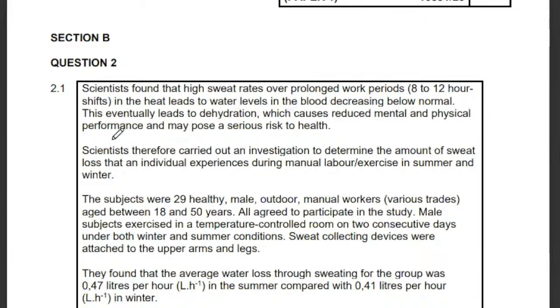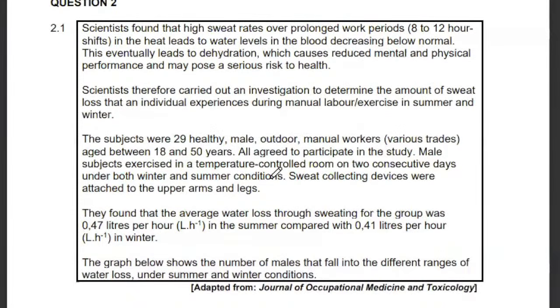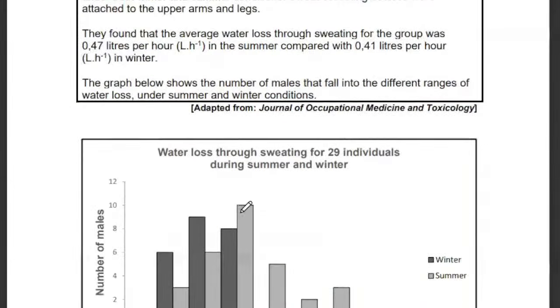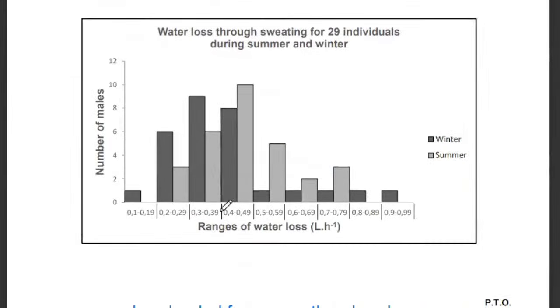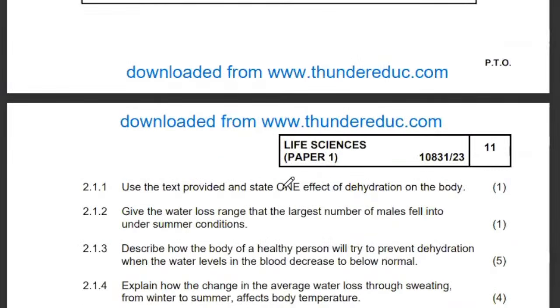So the scientists had to do an experiment or investigation to find out how much water is being lost in summer and how much water is being lost in winter. So they're saying use the text and state one effect of dehydration of the body.